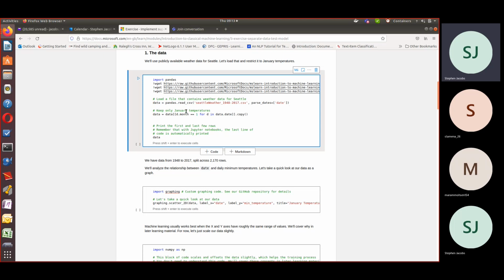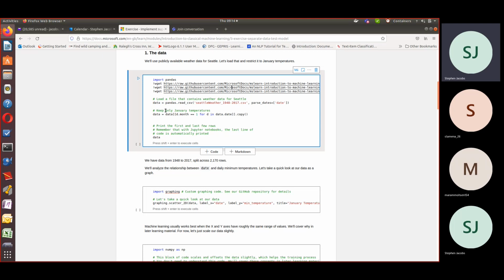And we're going to keep only the January temperatures here. So the dates dot month we're setting to 1, so that's for January, and that's for all of the dates in the data dot date, which is our data file with the date extraction function in there, and copying that back.